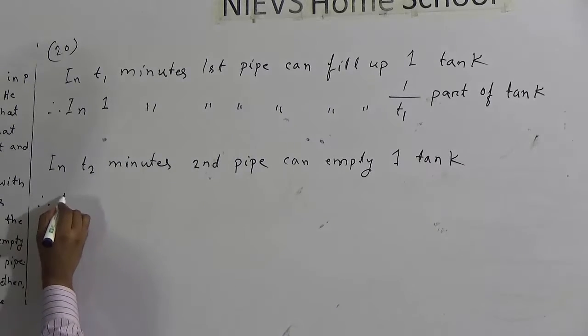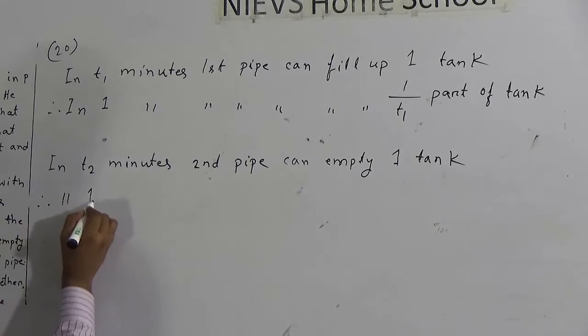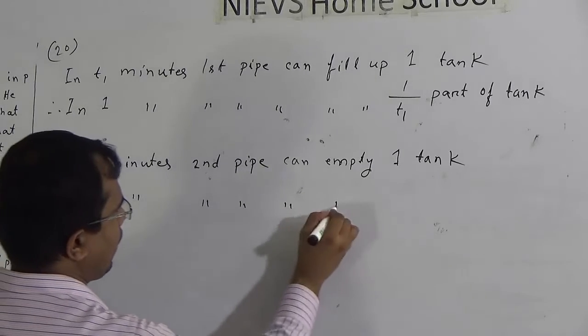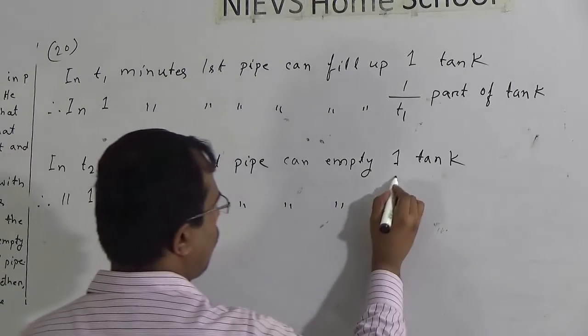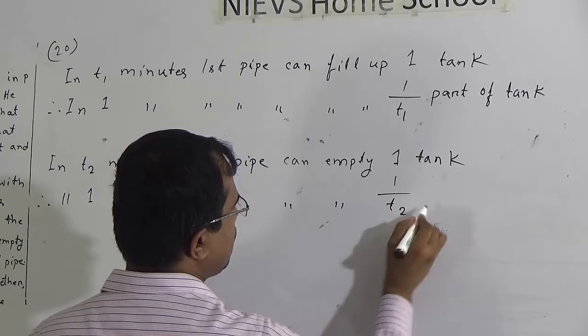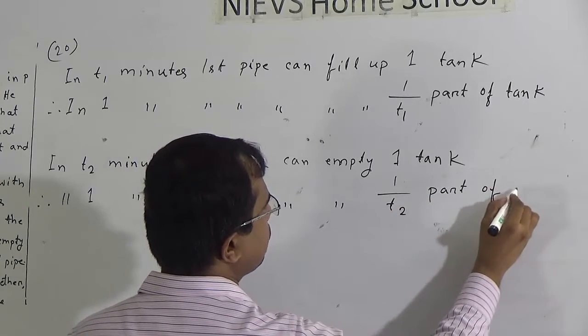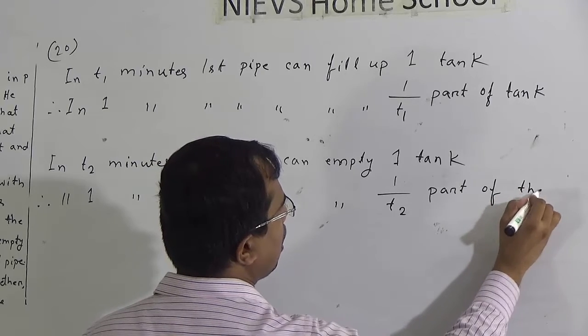Therefore, in 1 minute, the second pipe can empty 1 by T2 part of the tank.